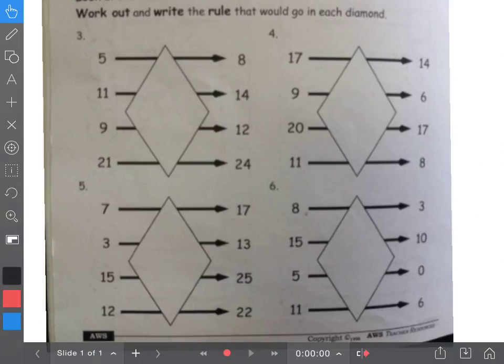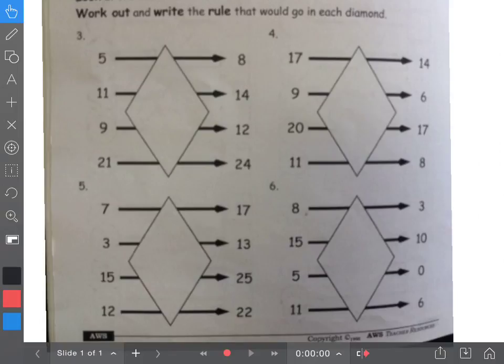I want everyone to see if they can figure it out. What would the rule be? Have a look at the numbers. 5 and 8. 11 and 14, 9 to 12, 21 to 24. I do know the answer.